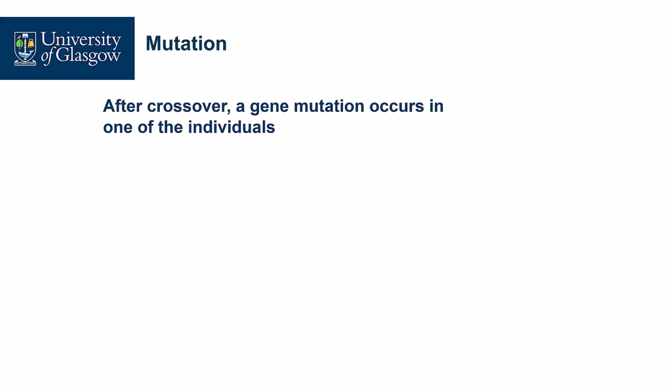After the crossover, a gene mutation occurs in one of the individuals, which is what happened in our example. For mutation, we have several principles. First of all, different from crossover, the mutation rate, or the probability of mutation, should be small. Normally this is 1% to 0.1%.